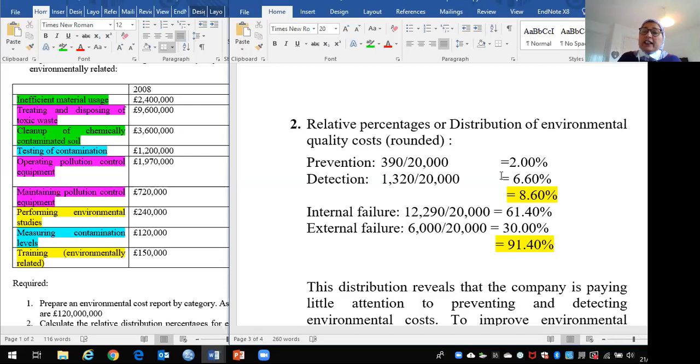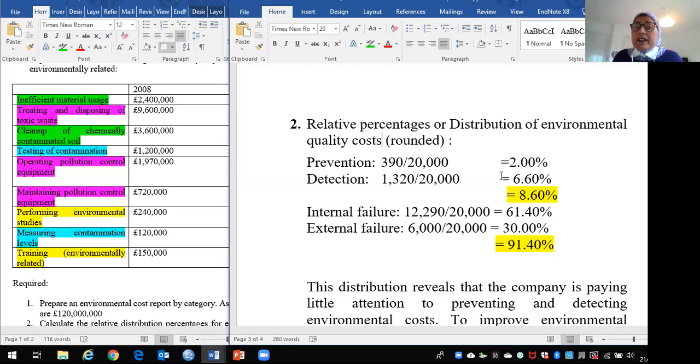Once you do this distribution, the relative percentage, you realize that the distribution is not good. It's not at least equal. So your first point of comment is that this is too much and the company should pay more attention to the external and the internal failure. How should the company pay attention to both internal and external failure? They have to spend some more money on control activities.